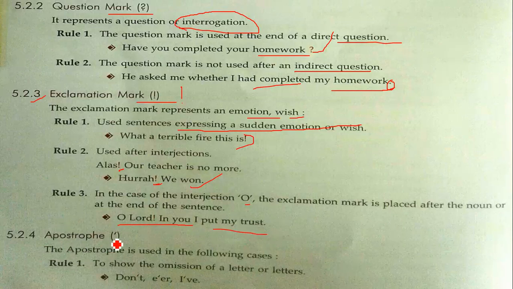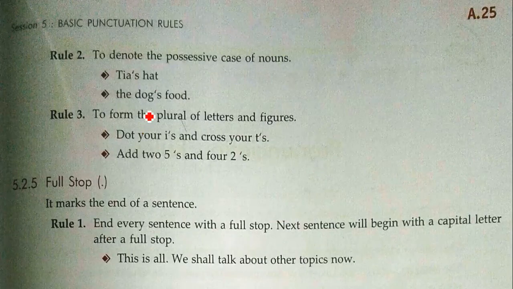Now the next is the apostrophe. That was the exclamation mark, and this is the apostrophe. The apostrophe is used in the following cases. Number one, to show the omission of a letter or letters, like don't, I've, etc. The second rule is to denote the possessive case of nouns.